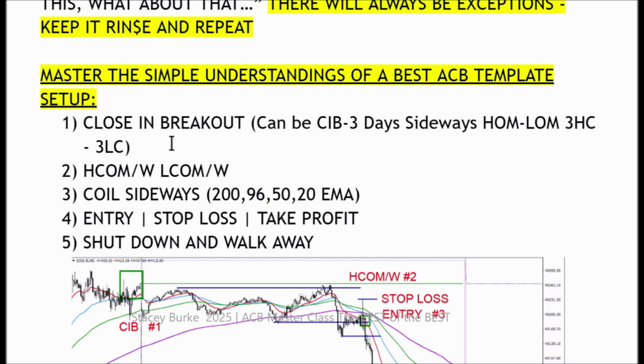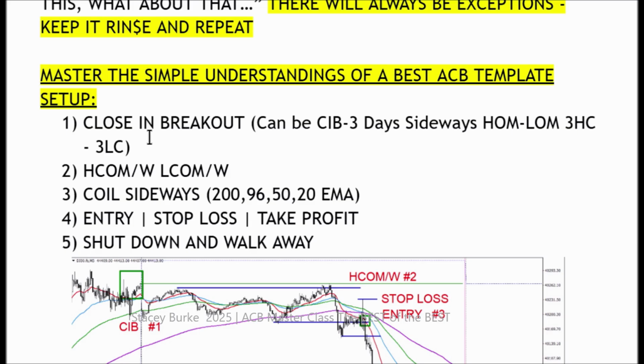It may be a sideways ranging day the following day, and traders are like, well, nothing happened. It didn't set up. But they're missing the importance of timing. We can open up a new month and explode in breakout and coil sideways at the higher low of a new month, a new timing cycle. Go back and review those videos that we talked about, the higher time frame. New month, new timing cycle for either a reversal or a trend trade opportunity.